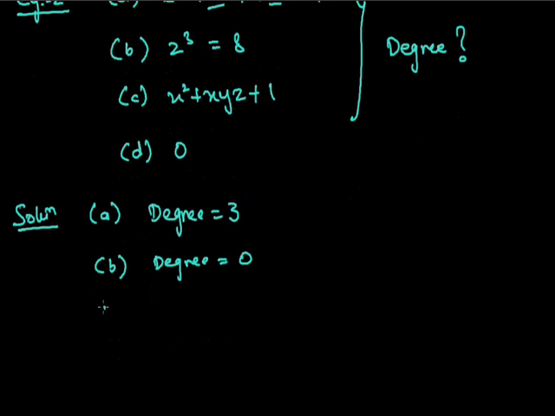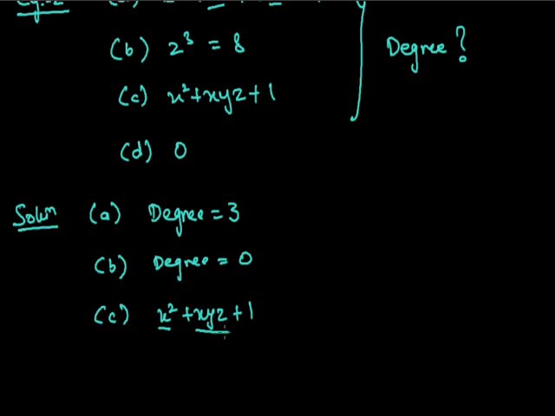Now in the same way, let's observe the third polynomial. What will be the degree in the third polynomial? The third polynomial is x square plus xyz plus 1. Now x is a variable and it has the power 2. In the second term, there are 3 variables, that is x, y and z.